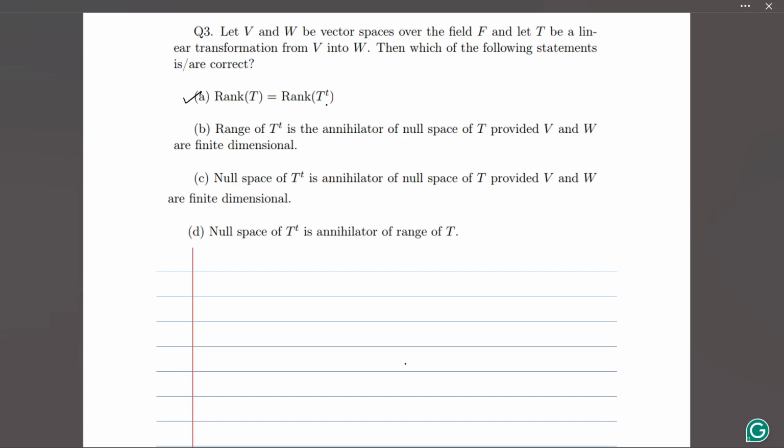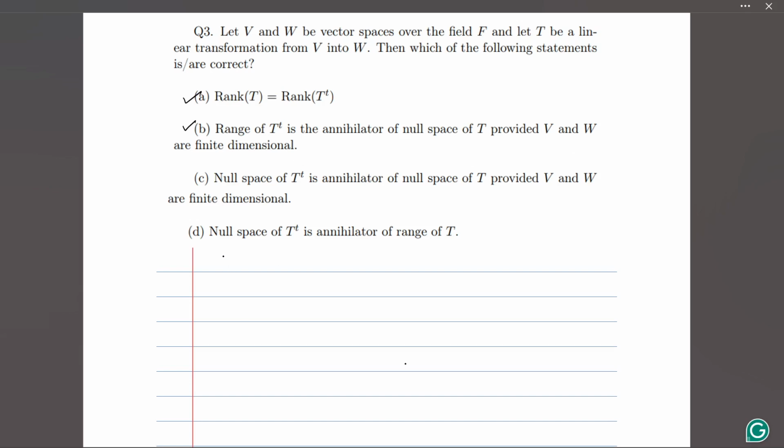So row rank is equal to column rank. That result, in the third week I think, shows that these ranks are equal. Range of T transpose is the annihilator of the null space of T, provided V and W are finite dimensional. This was proved in the class.